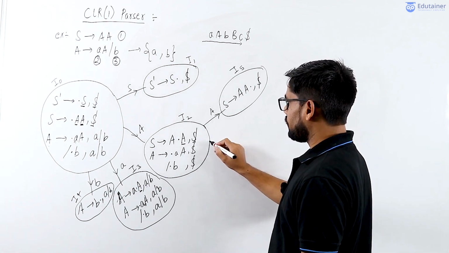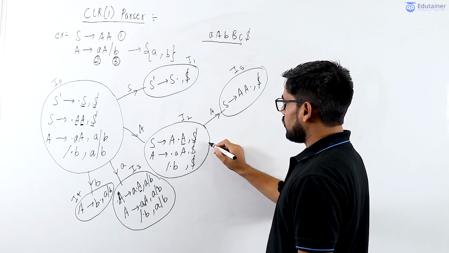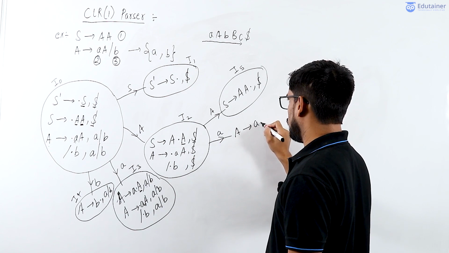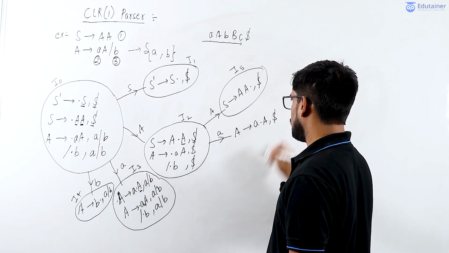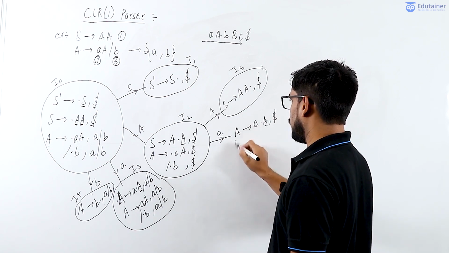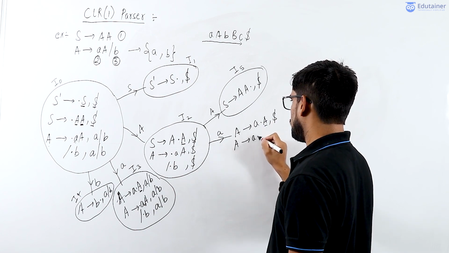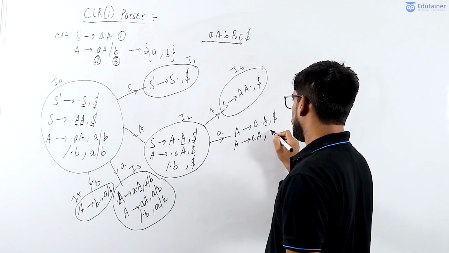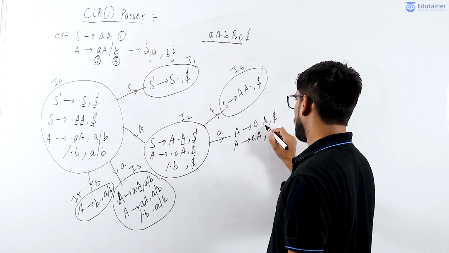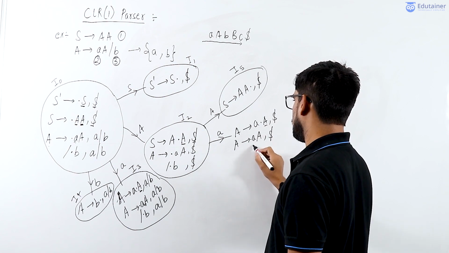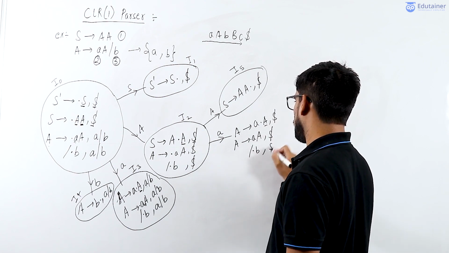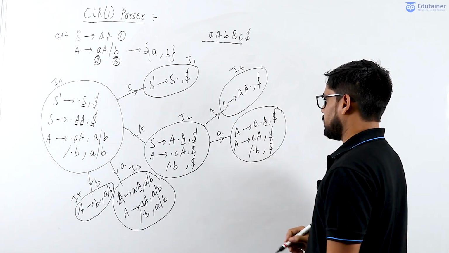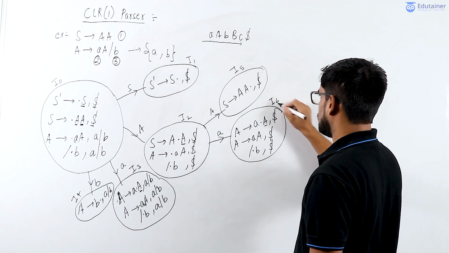On a small a, A derives A dot A dollar, and because of this A, I have to add the production of A again. A derives dot AA, and what will be the look ahead symbol? After A, dollar is present, so dollar will be added, and for B also dollar will be the look ahead symbol. Okay, and let's call it the I6 state.